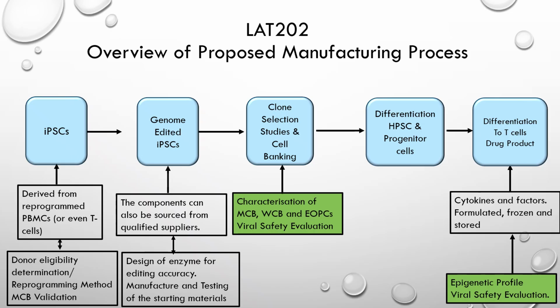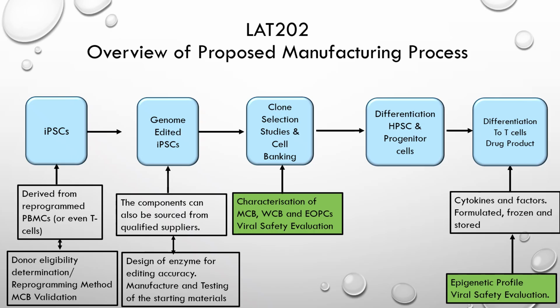Your gene editing components could be sourced from qualified suppliers, and you need rigorous third-party agreements in place for that. The design of the enzyme is important for editing accuracy, and you have to provide the information that you would provide for a drug substance for these genome editing components in your dossier.